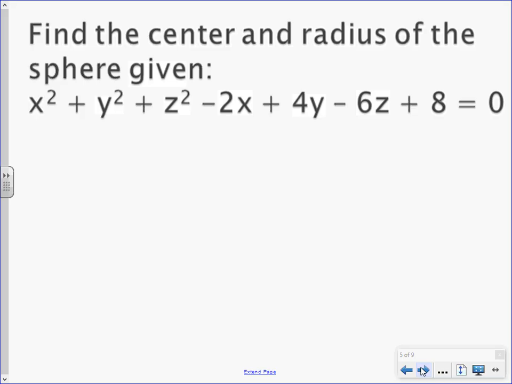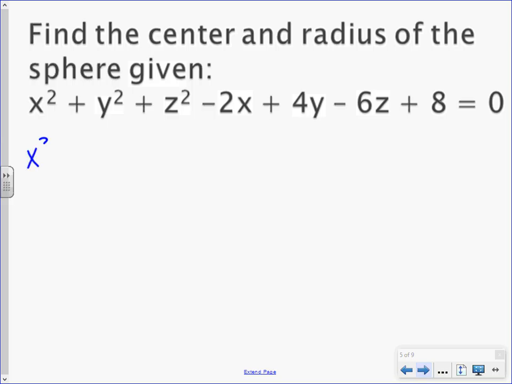Does this look familiar? Okay. This is a sphere equation. And we need to determine the center and radius. How will we do that? We're going to have to complete the square to put it in standard form. How many times will we have to complete the square, Lee? 3 times. So let's group things together.